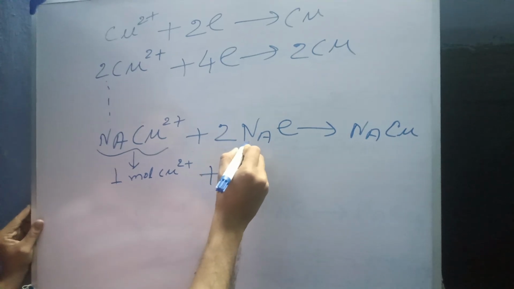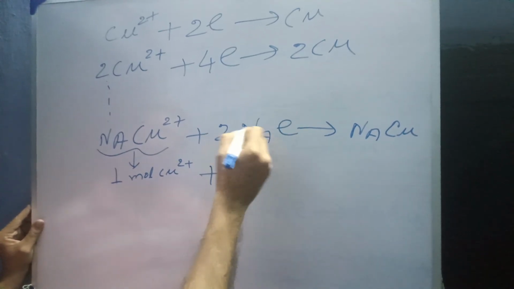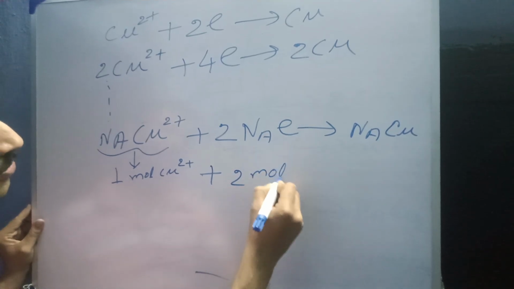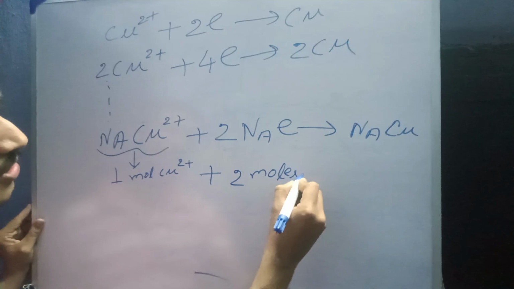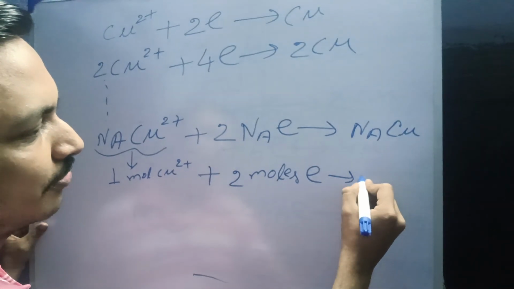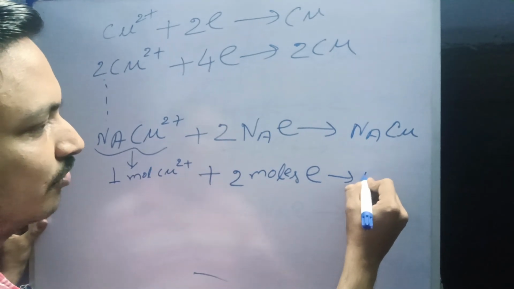As the number of electrons is 2 into Na, it is 2 moles. So 2 moles of electrons produce Na number of copper, that is 1 mole.